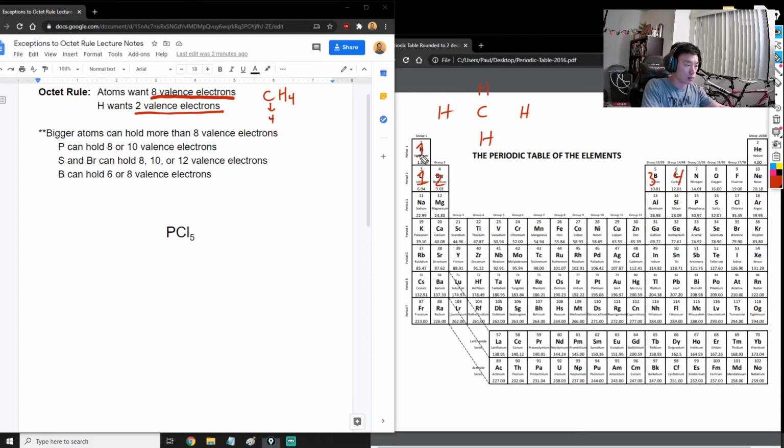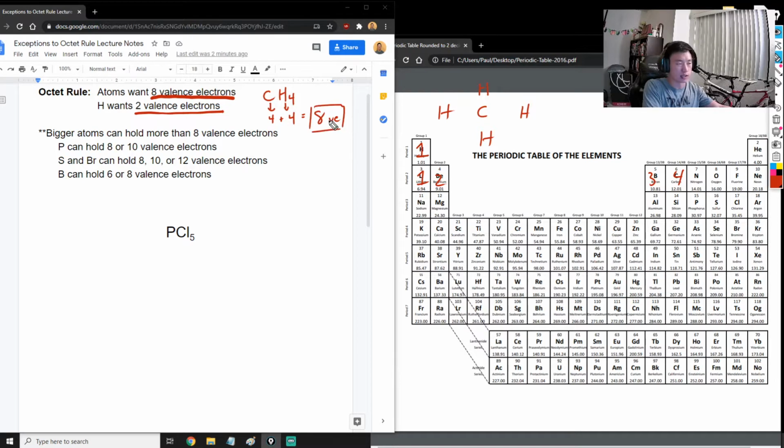Hydrogen is box number 1 in its row, so it contributes 1, but since there are 4 of them, we add 4. So it's 4 plus 4, which means in this molecule there are 8 total valence electrons.